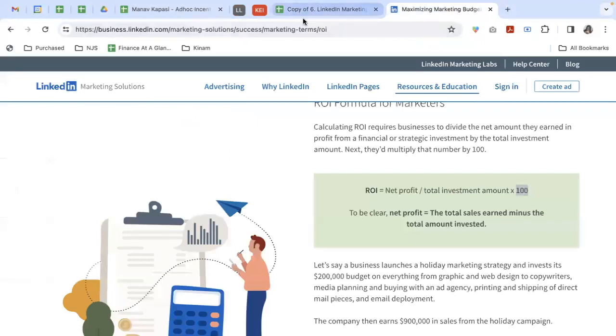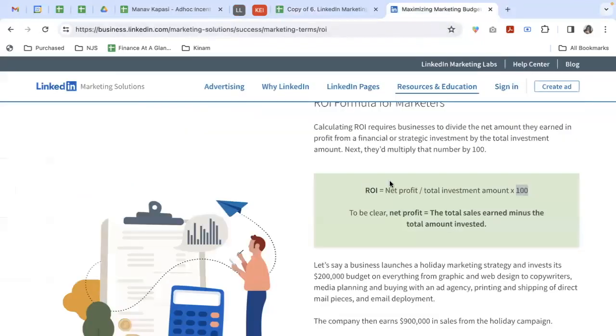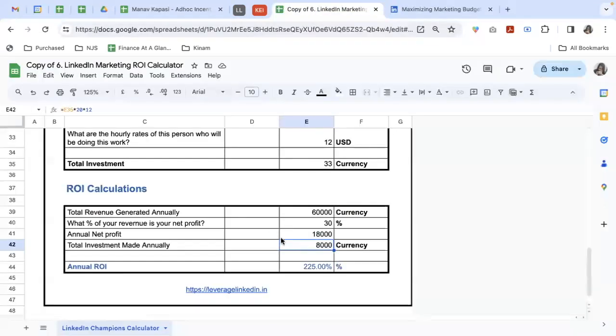No. Okay. So it is net profit divided by total investment amount into 100. So let us say E41, it is annual net profit, divided by total investment made, which is 8,000, into 100.